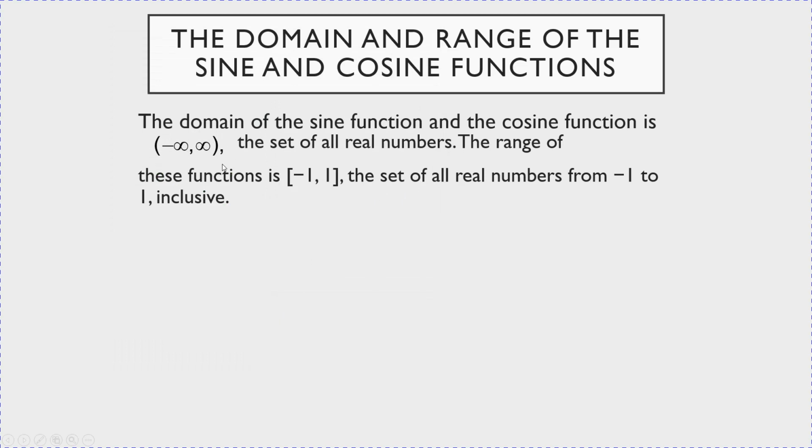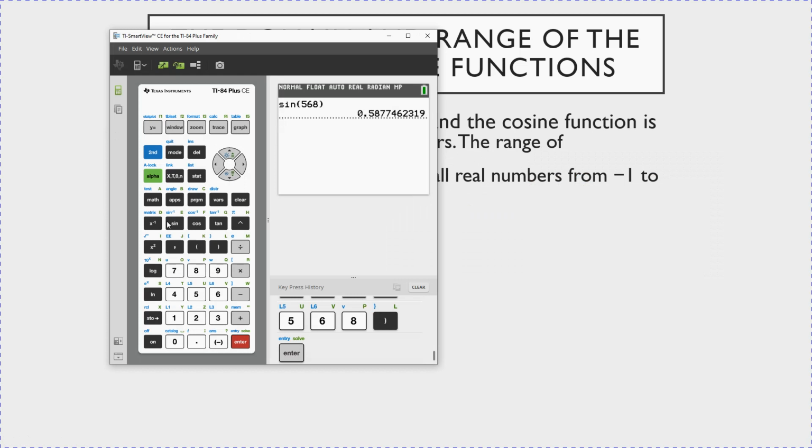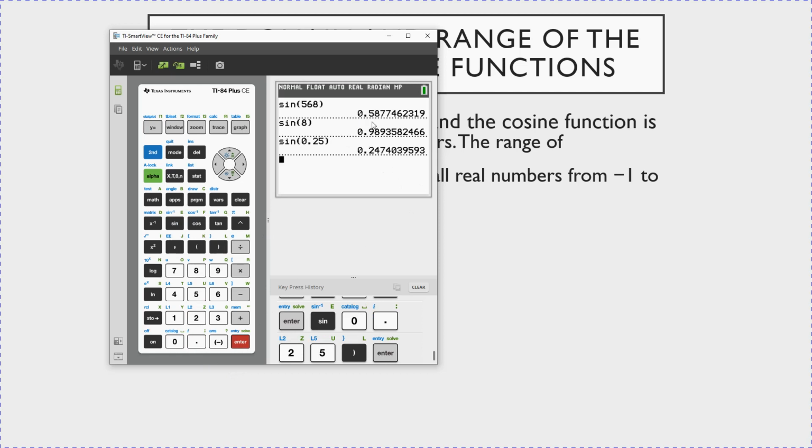But the range, when you look back at my calculator here, notice that all the numbers I was plugging in seem to be bounded, right? It looks like you're never getting anything greater than 1 or anything less than -1.